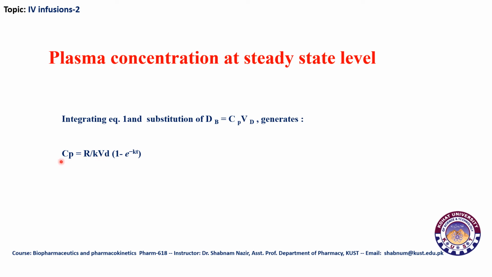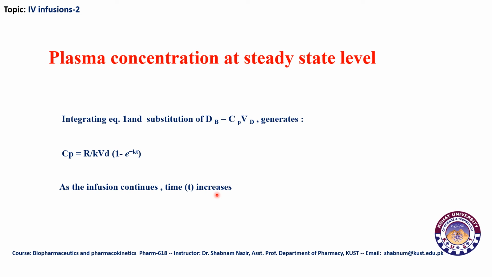Cp is the plasma concentration. As the infusion continues, time t increases. As we know, the steady state level is something you have to achieve at the end of the infusion and then maintain it. So simply this time is considered infinite time.